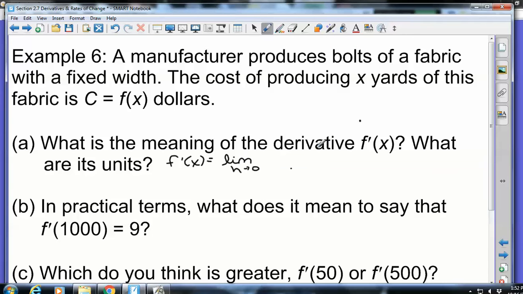So the limit as h approaches 0. And then that ratio, when we did f(x) minus f(a) over x minus a, that's just asking for the slope, right? Slope is change in y over change in x. What is my y here?